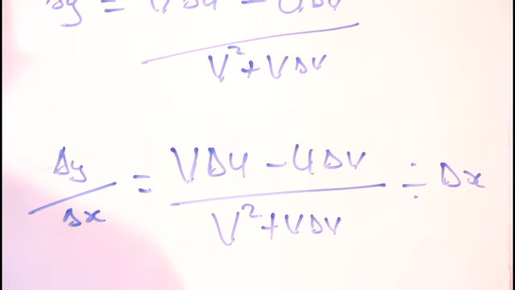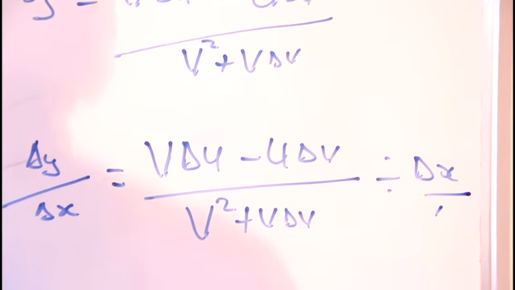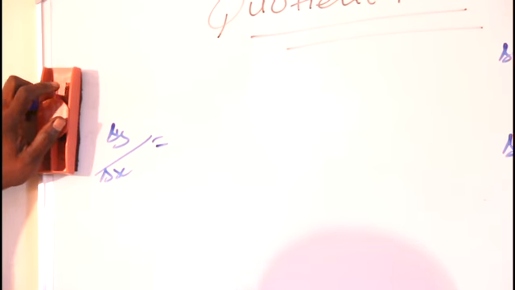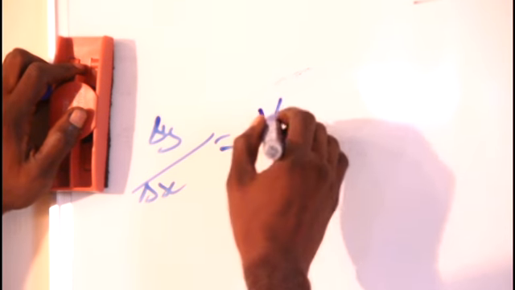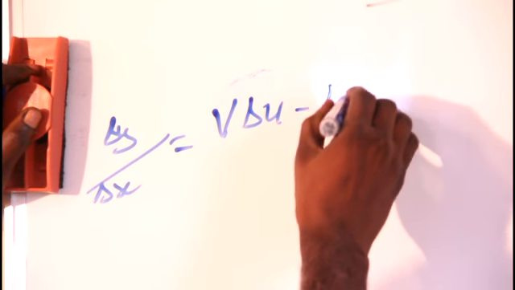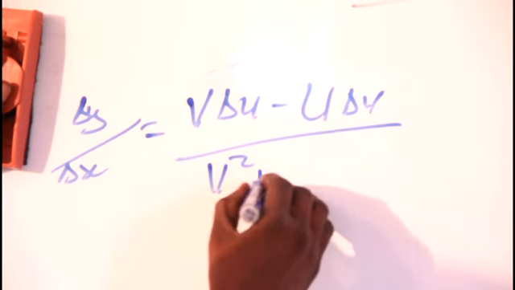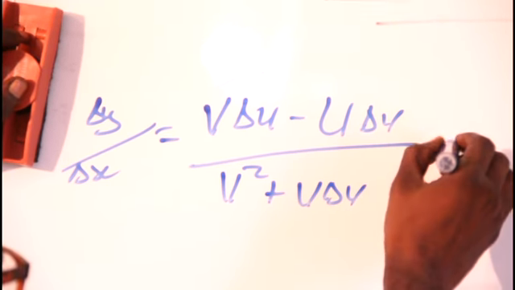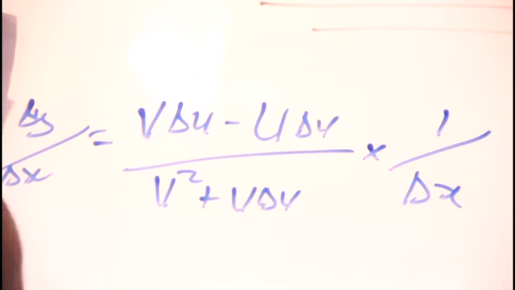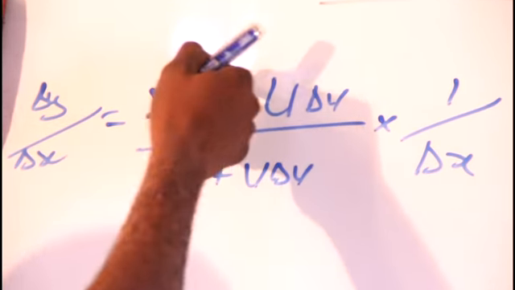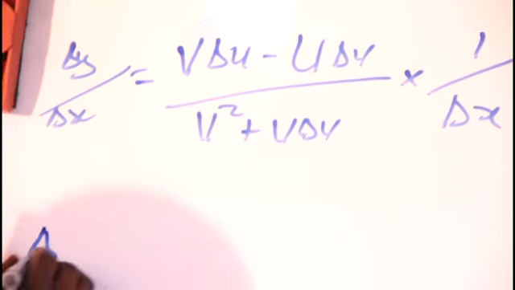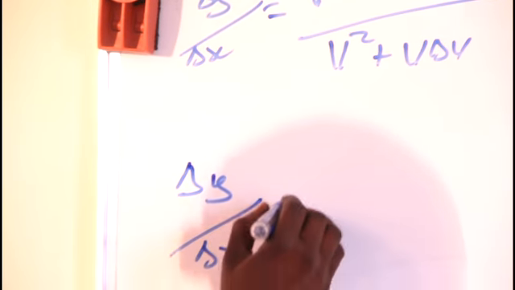Simple arithmetic, this is the same thing as over 1. From simple arithmetic, we will end up having change in y over change in x equal to v change in u minus u change in v all over v squared plus v change in v, times 1 over change in x. So now, change in x into change in x will be 1.